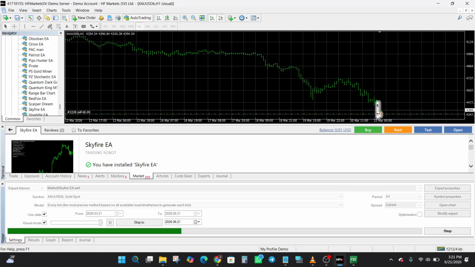Now, when reviewing any backtest, I always recommend extending the testing period whenever possible. Longer term historical analysis can provide a broader perspective on how an EA performs across different market environments, volatility levels, and trading conditions.